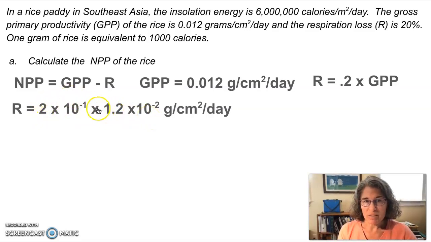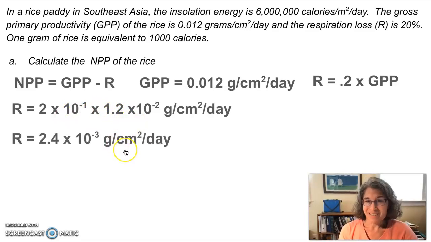Remember, if you're multiplying values that are both raised to an exponent, we can add those exponents, and then we can just multiply the front numbers here. So this becomes 2 times 1.2 times 10 to the negative third. We haven't done anything with the units here, so we still have grams per centimeter squared per day. So this is our loss to respiration, 2.4 times 10 to the negative third grams per centimeter squared per day. Now we have our R value.